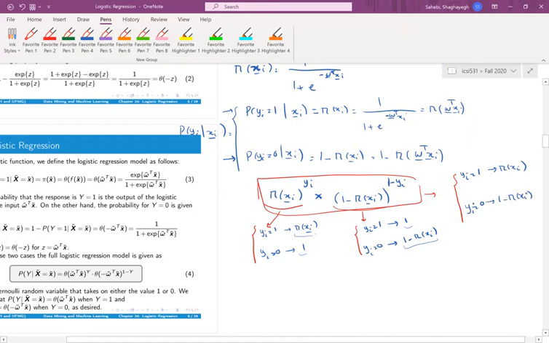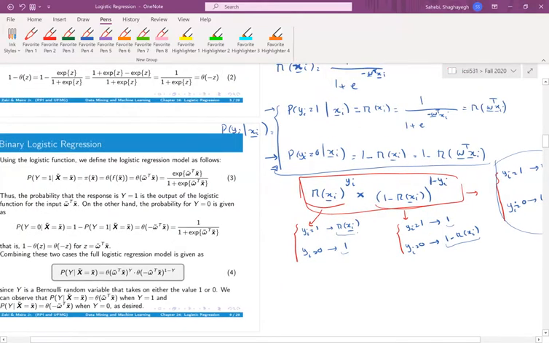Nice. This is equivalent to the probability of yi given xi that I had before, right? There also, if yi was 1, we got pi of xi. If yi was 0, we got 1 minus pi of xi, right? So basically, this is a very nice way to rewrite our probability of yi given xi only in one line, right? Okay.